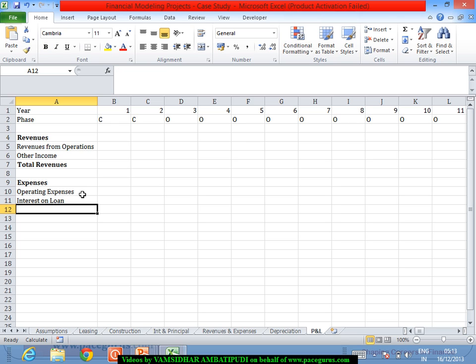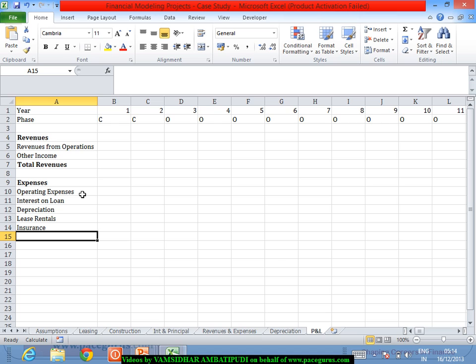And we also have depreciation, which we have already prepared, even that's an expense. Then lease payments, lease rentals, even that's an expense for us, right? For which we have already prepared a schedule. And insurance.